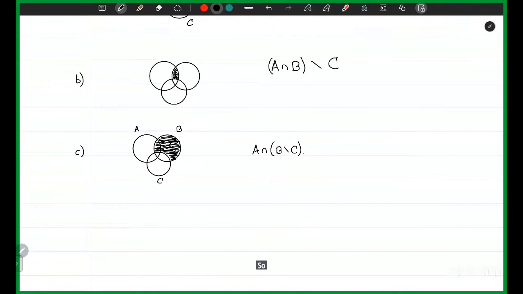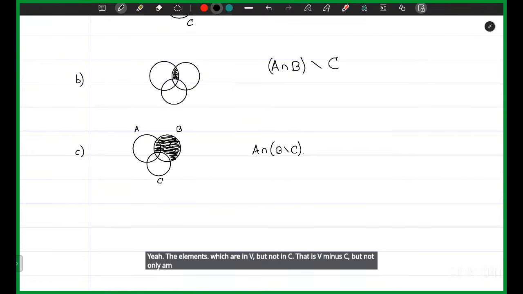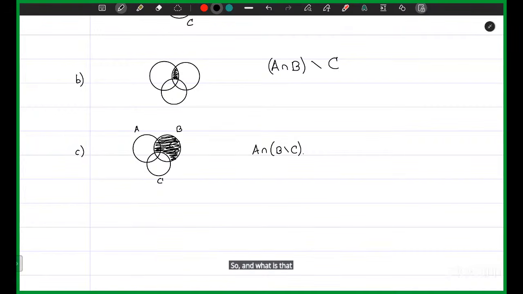So it's values which are part of B but not C. The elements which are in B but not in C. That is B minus C. But not only am I interested in B minus C, I'm interested in A intersection B minus C. So among the elements which are in B minus C, I should also make sure that they are in A. And what is that part?